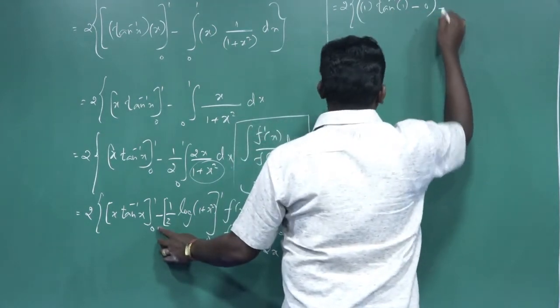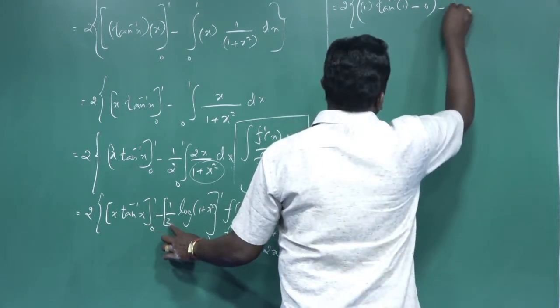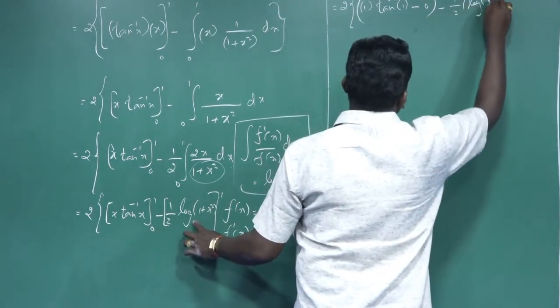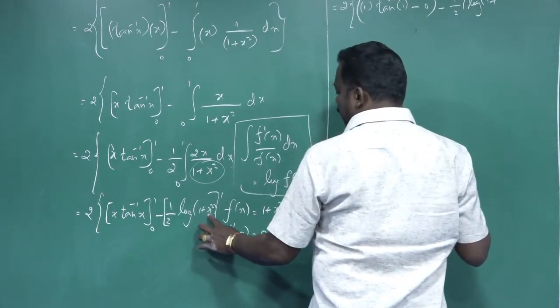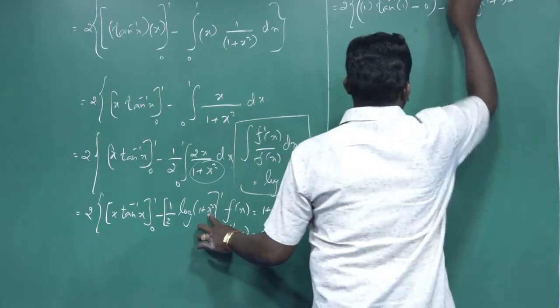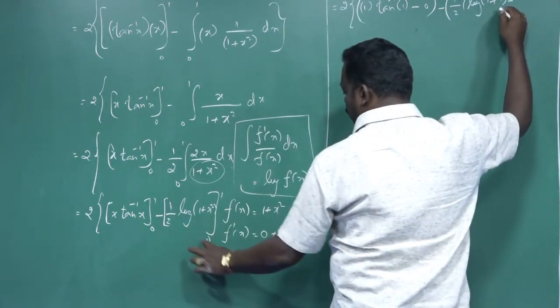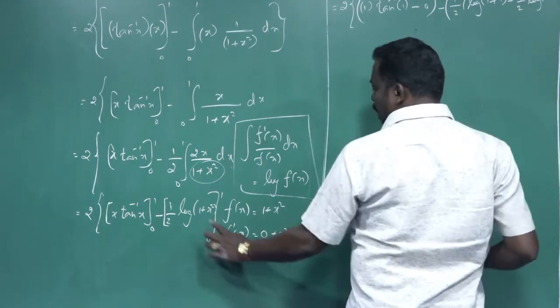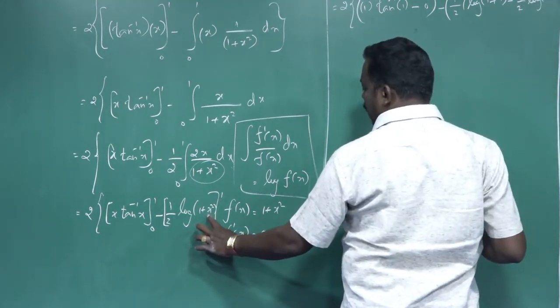And then minus 1 by 2 into log of 1 plus x value equal to 1, 1 square is 1, minus within the bracket 1 by 2 into log of 1 plus 0 square is 0, it is 1.